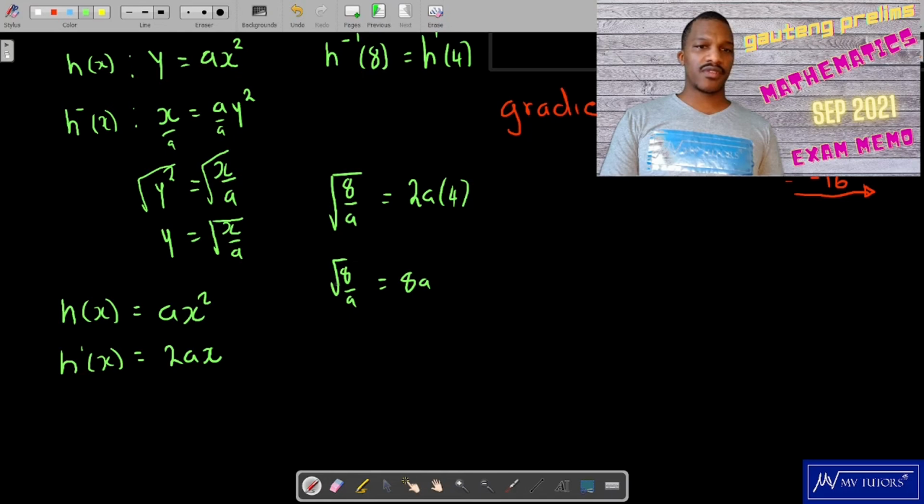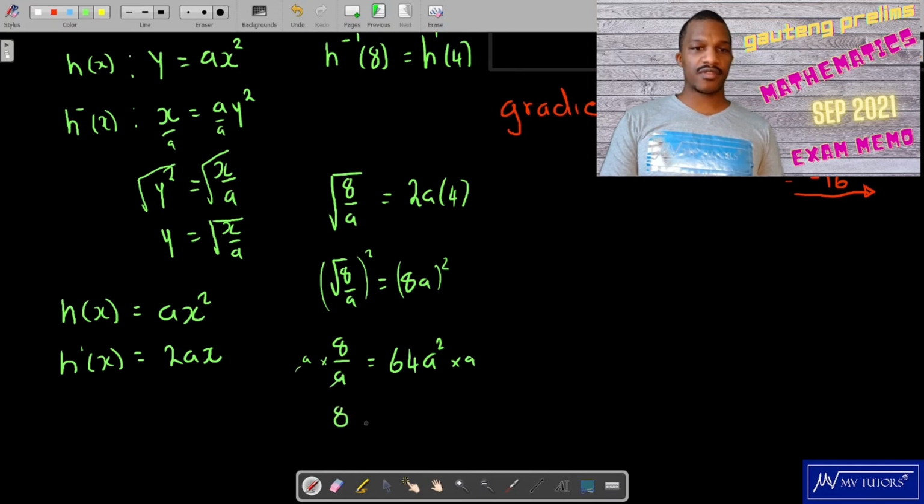And then I need to get rid of this square root. Do that by squaring both sides. Okay, so that I have 8 divided by a is equal to 8 squared, which is 64, and a squared. Now I have to solve for a, so I just multiply both sides by a, and then these a's will cancel each other, and I'm left with 8 on this side is equal to 64a cubed, right?